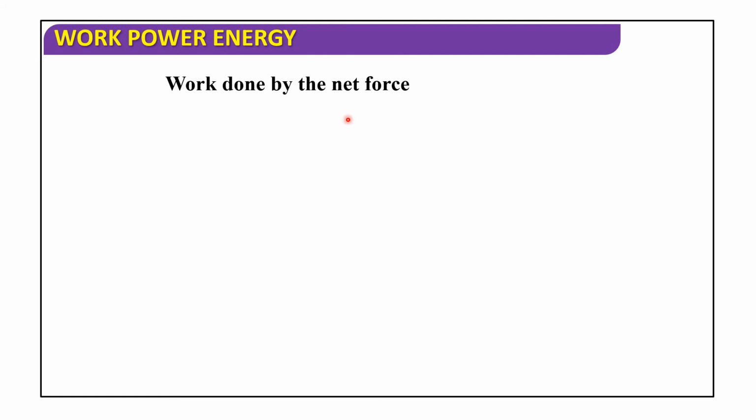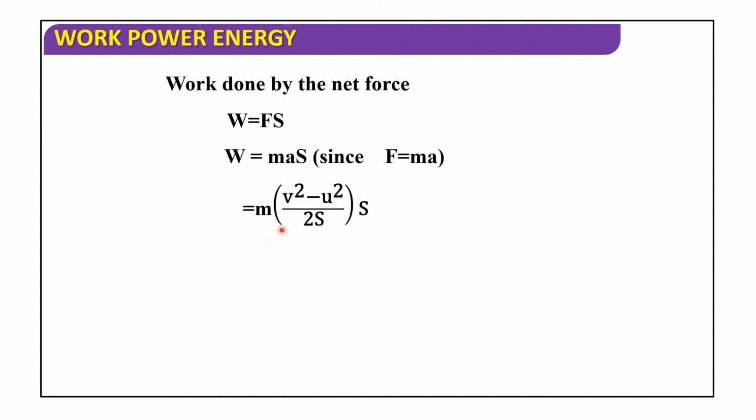Work done by the net force W is equal to Fs, or W is equal to ma into s, since F is equal to ma. Now this can be written as m into a, which from the third equation of motion is (v square minus u square) by 2s. The s cancels. So W is equal to m into (v square minus u square) by 2.